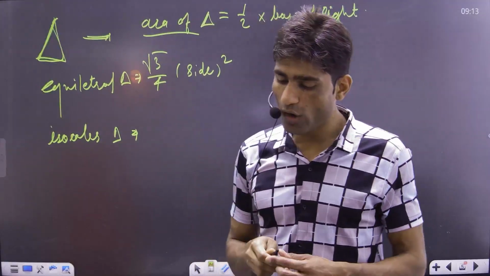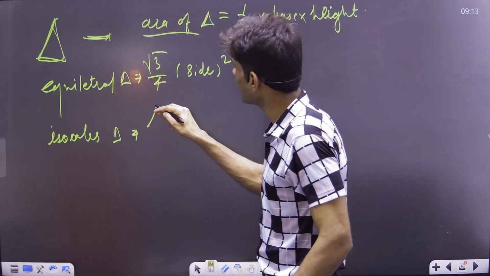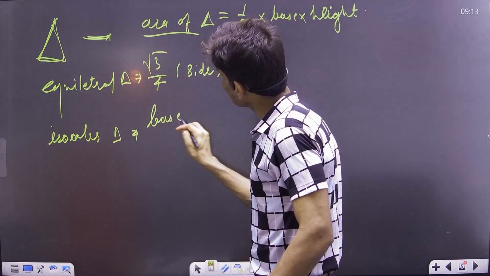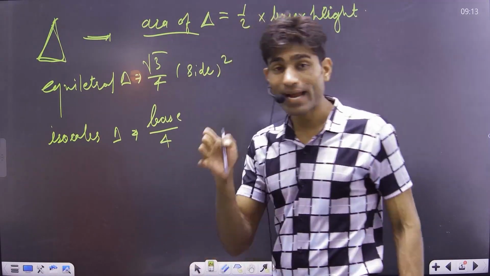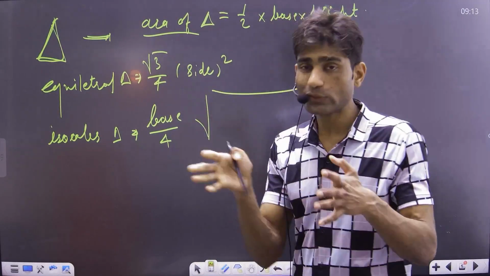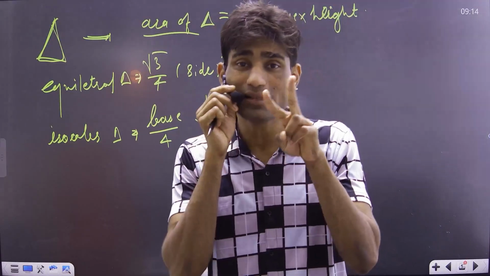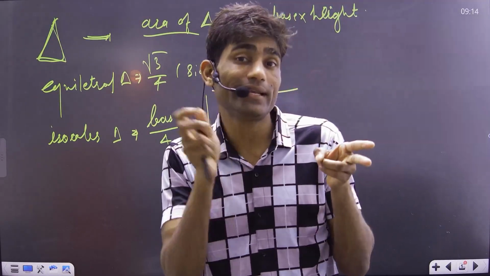Isosceles triangle means we have two sides equal, and the base is different from these two sides.